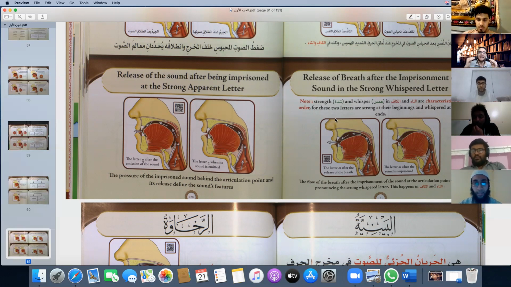Ak, ak. With the first part, it's shadid, I have the strength, and with the second part, I have the whisper. Ak, ak. Now with ta, I have the same thing. At.